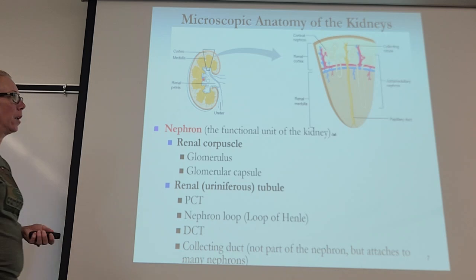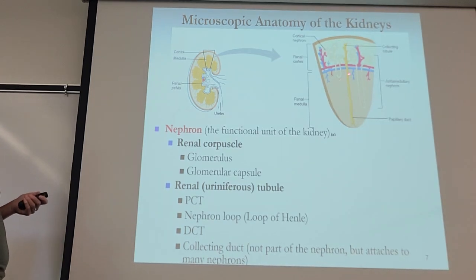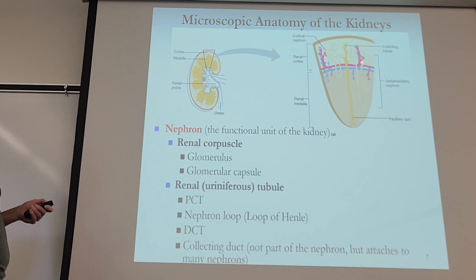Okay, so again, nothing really new here. This picture on the side looks just like one of the models in lab. Again, the arcuate vessels are really nice because they give you that boundary between medulla and cortex, okay? The collecting duct is what goes all the way down to the papilla.